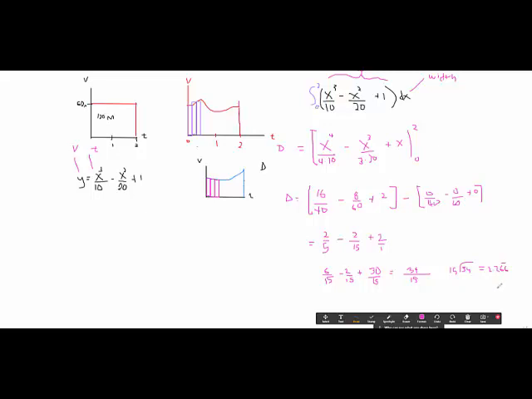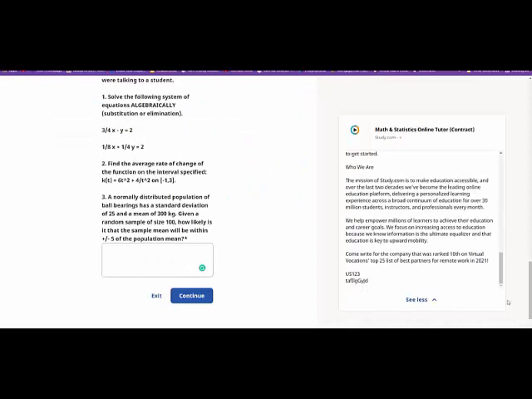What I'm telling you is that in 2 seconds, that's the distance you've traveled. I believe that was in meters. Okay, so that's where we're at. Next problem. Let's take a look at number 1 here.